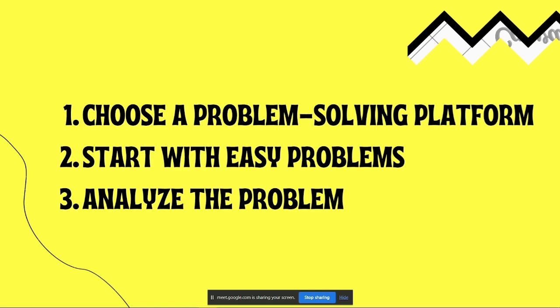Then third one is analyze the problem. Again, it is a very very important point, because many of the beginners, when they read the problem, directly start to code without thinking about the problem, right? So firstly, when you read the problem, you have to first understand the problem. You don't have to go to writing the code directly. Code is actually a later part. Why are we even doing coding questions?